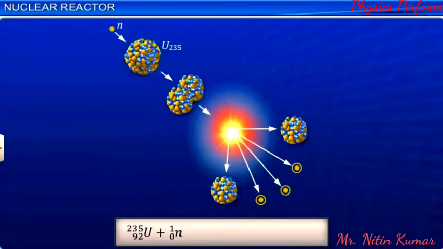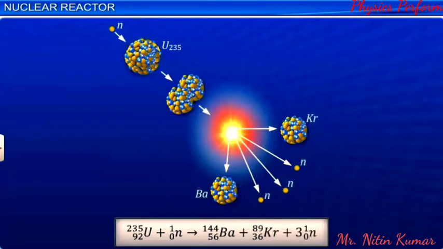In fact, an average of 2.5 neutrons are released in the fission of a uranium nucleus. We know that along with the fission products, say barium-144 and krypton-89, 3 neutrons are released during its fission.